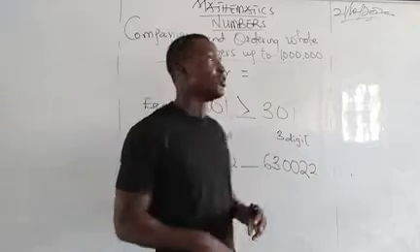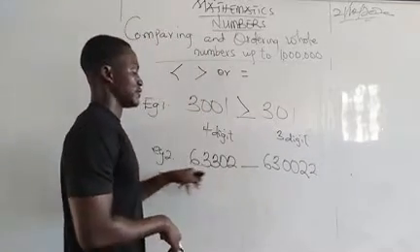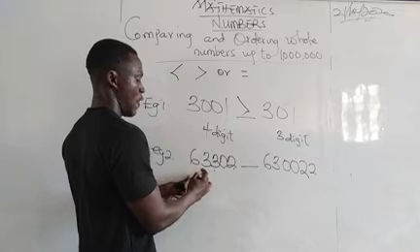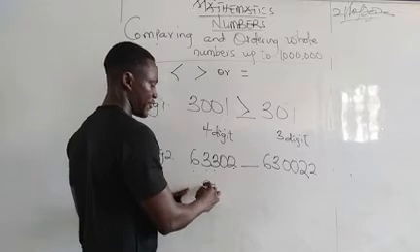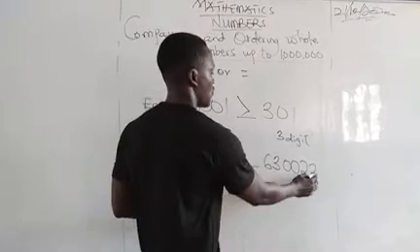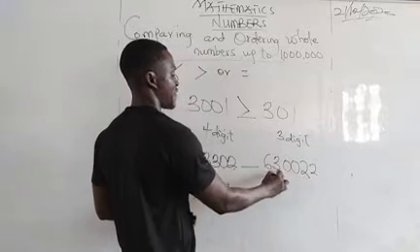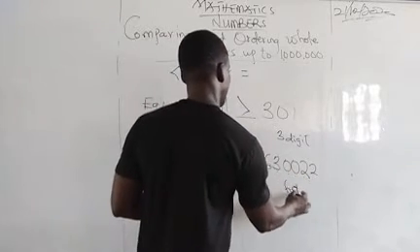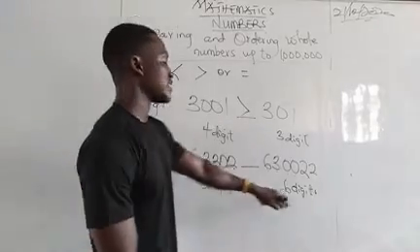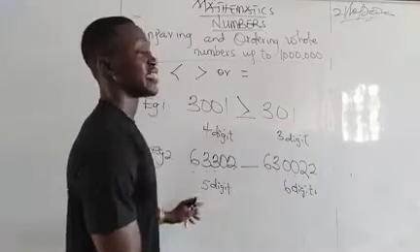I hope you are following. So now let's count this figure: 1, 2, 3, 4, 5. Here we have 5 digits. Then 1, 2, 3, 4, 5, 6. Here we have 6 digits. So now we have 6 digits here and 5 digits here.